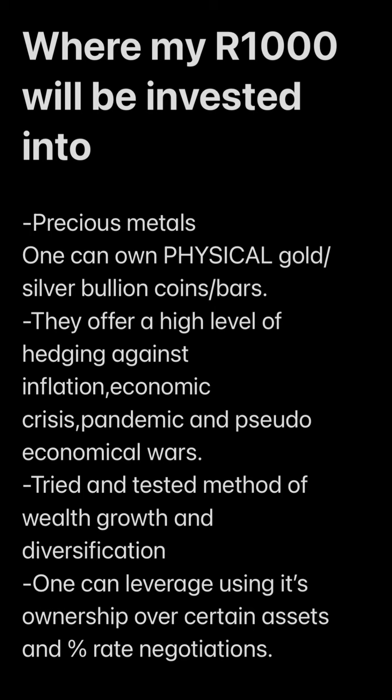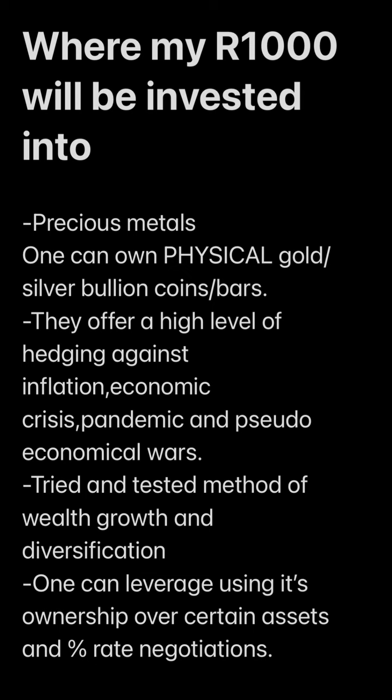So the next place is precious metals. This is a bit of a hectic one, but I did my research, and I'm convinced that this is one of the good places where I can put my money away. Essentially, it's buying physical gold and silver coins and bars for your own ownership, because these are one of the strongest forms of investment during a recession, a pandemic, a cold war, anything.